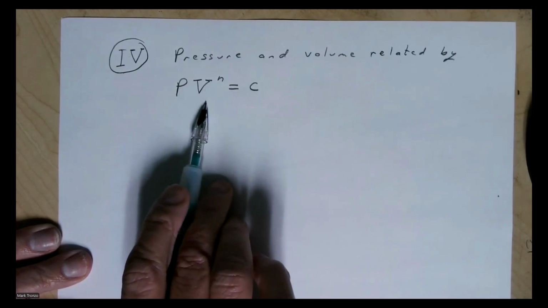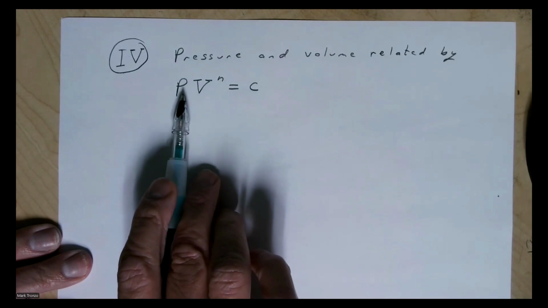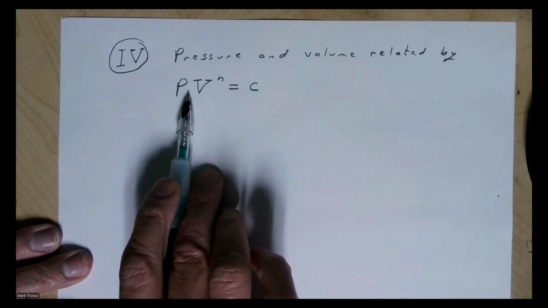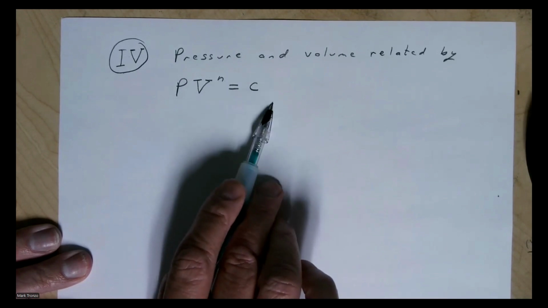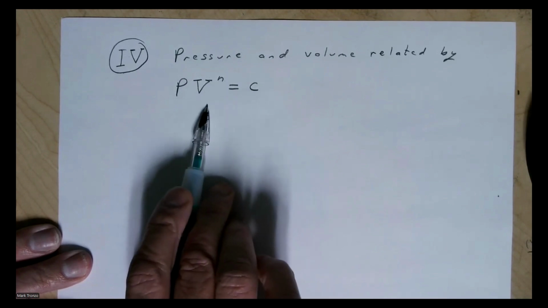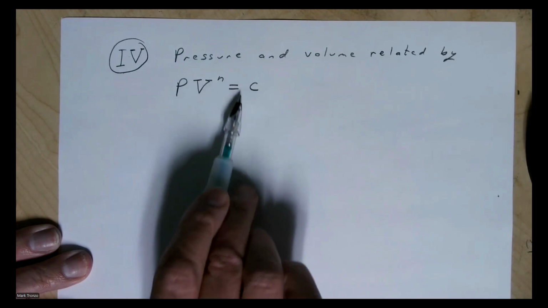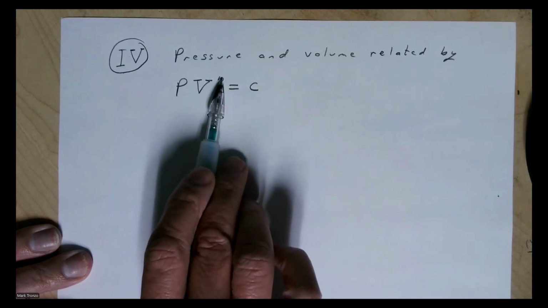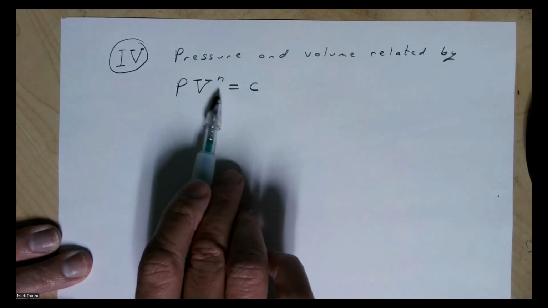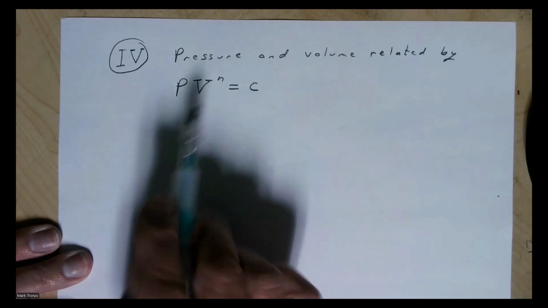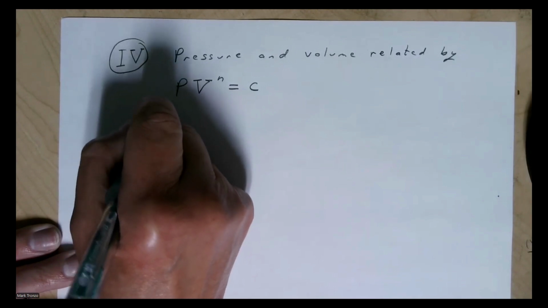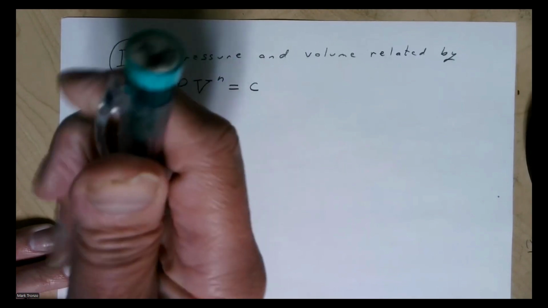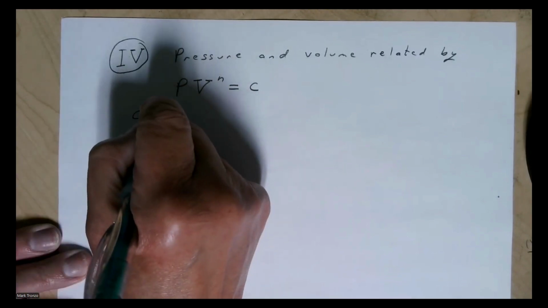We're going to talk about that later, but it's a relation where P and V to the N is equal to C. Now, for the case we just saw, for a constant temperature ideal gas, N is going to be just 1. So that was a special case of this process here. Again, this is called a polytropic process.